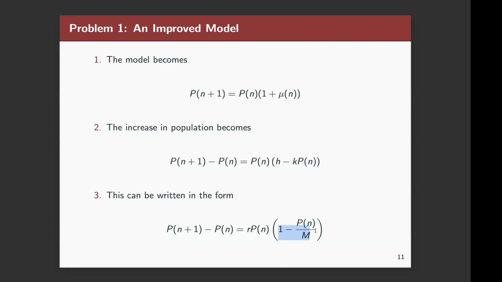What we have here in the denominator, which is m, is what we usually call a threshold population. So if P goes above that threshold, the population decreases. And if it's below that, the population would generally increase. And if it's around m, then the population would remain steady and would encounter small fluctuations around that point. So when P equals M, that's the optimal state for a country or something.